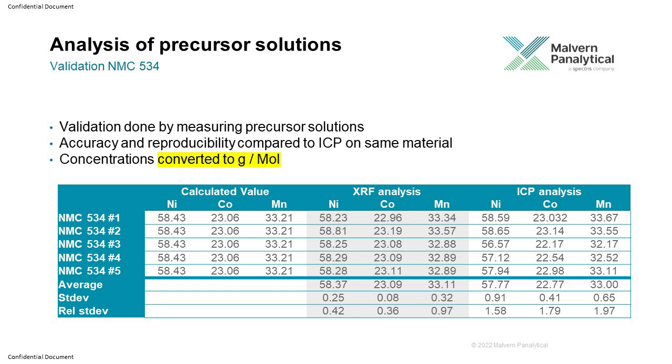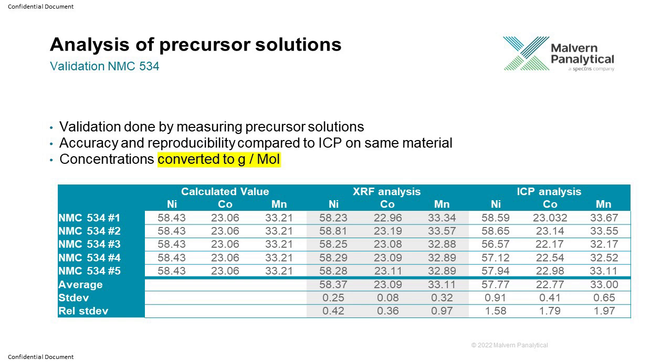This is the XRF analysis, and this same sample was also measured with ICP, and this is the concentration given by the ICP. And here you can see that the XRF gives quite close to the actual reference values for this sample. Also, if you have a look at the standard deviation, the standard deviation for XRF is in fact less than the ICP.